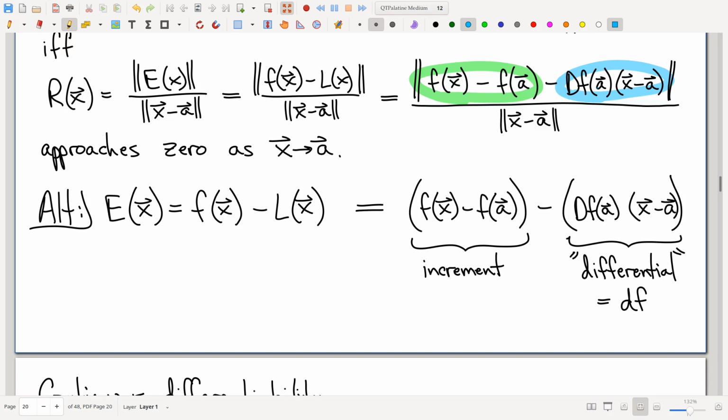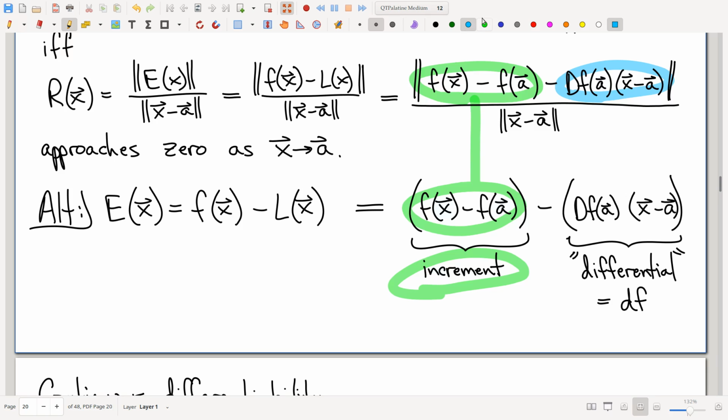Now it's just a different way of writing it. Okay? This thing on the left, f of x minus f of a, says how much did the function actually change? The honest, true change in the value of the function, and this is what we call the increment. It's just a little bit of terminology. It's a good word to have, though, so you don't have to constantly say f of x minus f of a. It's just a mouthful.